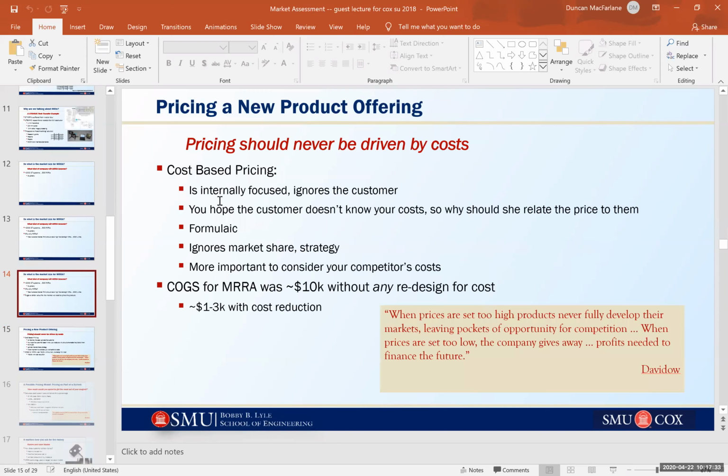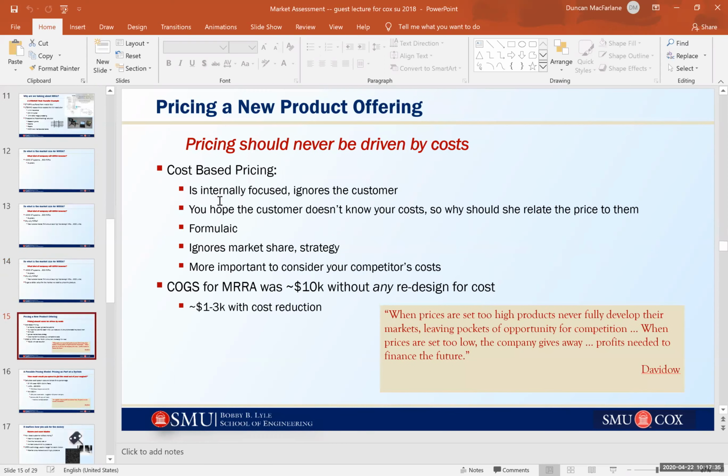So we thought about this, and we said, okay, we should never price our product by what it costs us to make, right? It doesn't address the value to the customer. It's that $20 bill exercise that I went through.